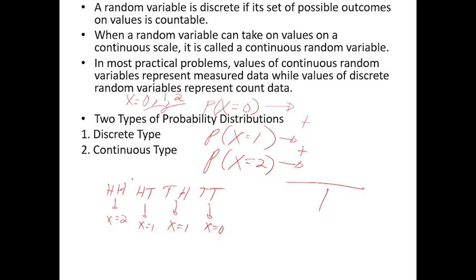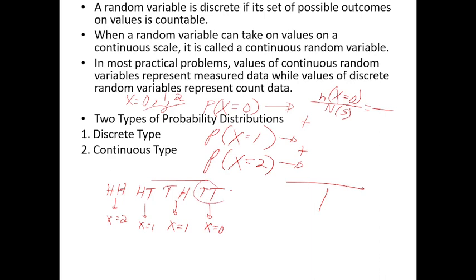So, ilang possible outcomes yan? Okay? Sample space. Ano yung number of outcomes dun sa x equals 0? Ilan yung total bilang ng outcome, number of outcomes in the sample space? Ilan yung bilang dun sa x equals 0?